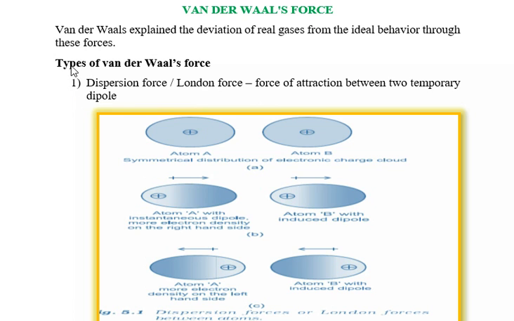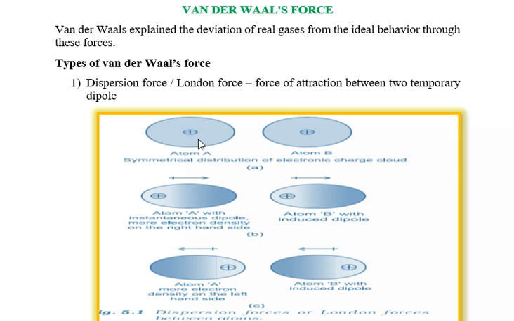The first type of van der Waals force is the dispersion force or London force. It is present between two atoms which are non-polar molecules, electrically neutral, having no dipole moment.